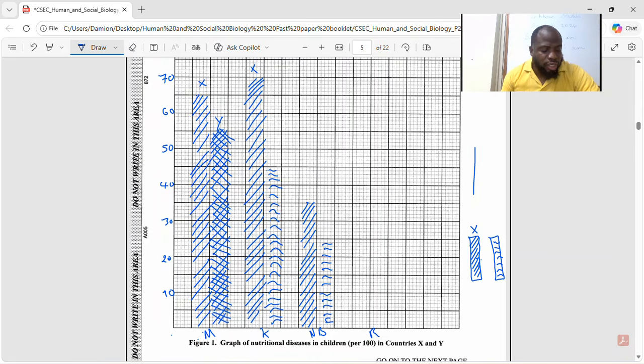For country X, it's 20, and then for country Y, it's actually 30.